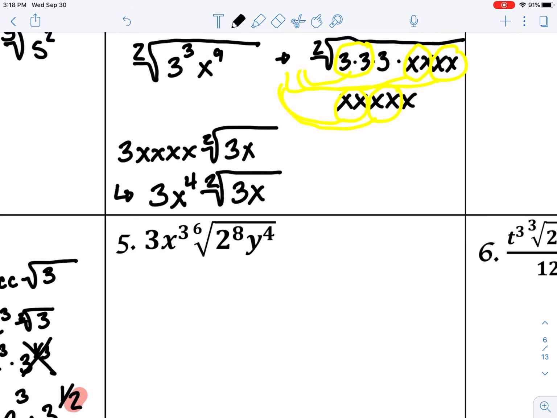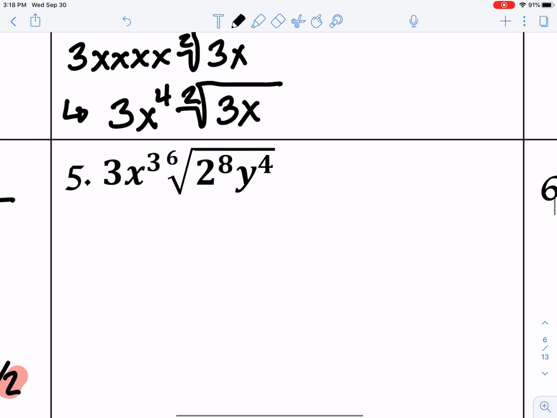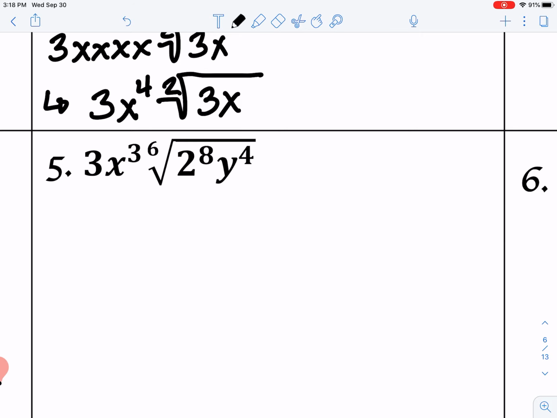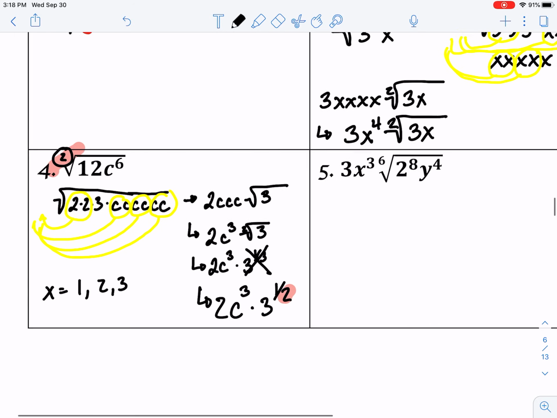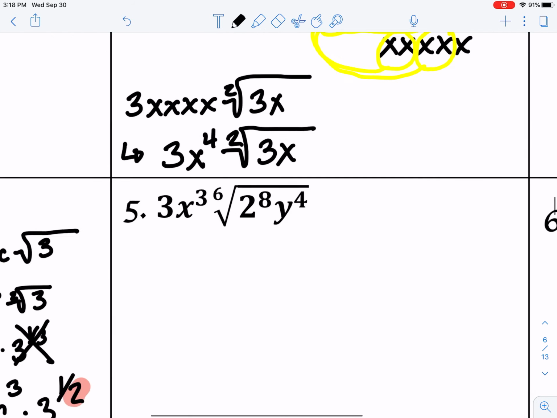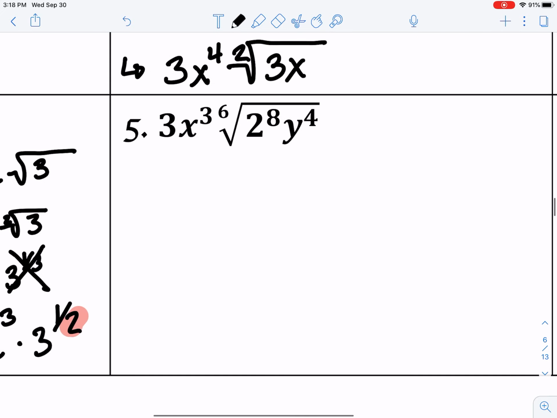Last one over here. So if I want to change this to rational exponents, you can do, again, one or two things.